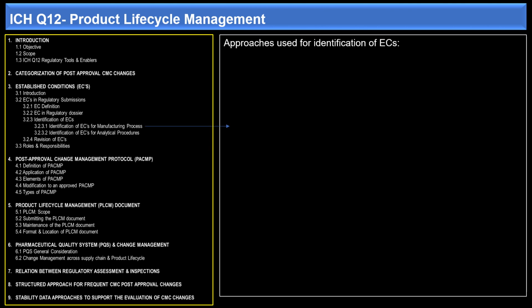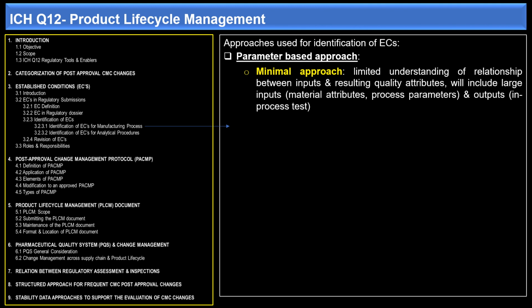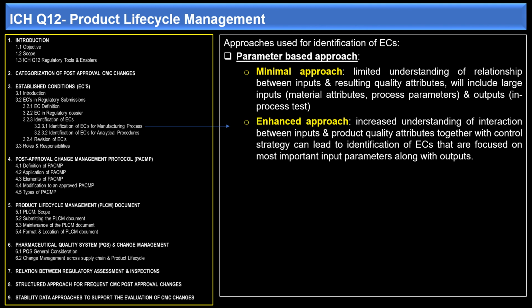The guideline defines approaches used for identification of the ECs. So basically there are two approaches. One is a parameter-based approach. In this there are two aspects: minimal approach and enhanced approach. In the minimal approach, there's a limited understanding of the relationship between inputs and resulting quality attributes.